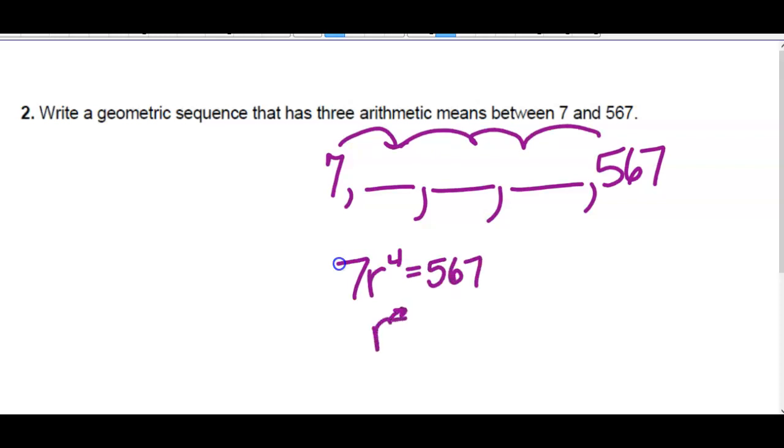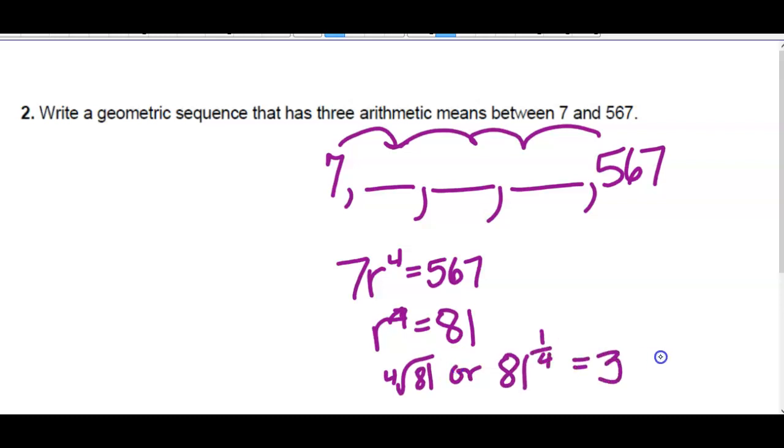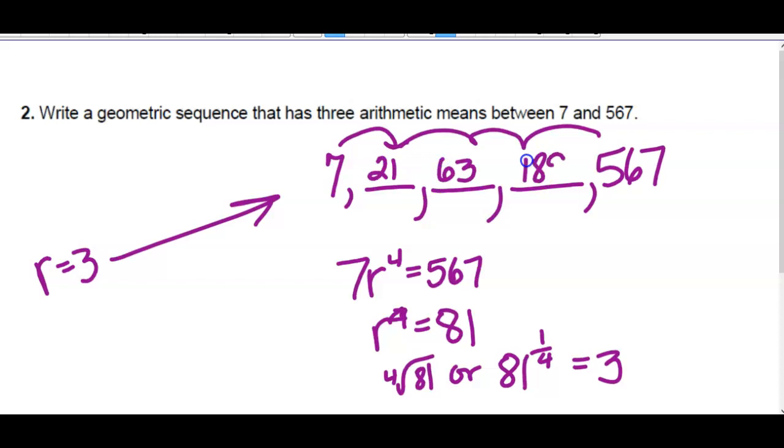If I divide by 7, I get 81, and the fourth root of 81, or 81 to the 1/4 power, is 3. So with r equal to 3, we can go back and fill these in. 7 times 3 is 21, times 3 is 63, times 3 is 189, and 189 times 3 is indeed 567.